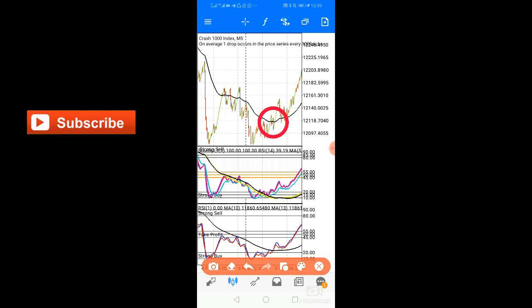The market has crossed above the black EMA right there, and also here the pink, the purple, and the blue EMAs have crossed above the black and the yellow. The blue EMA is below the purple and the pink. That's a good sign.